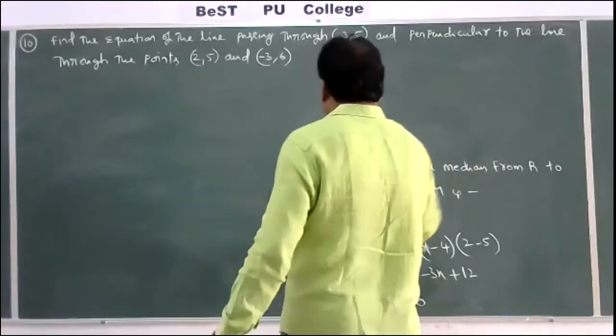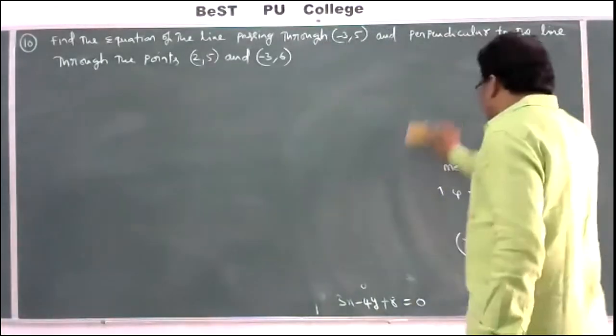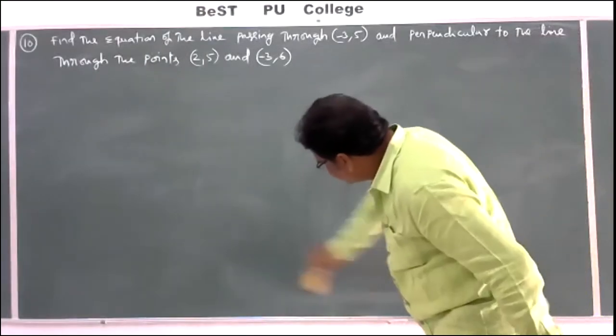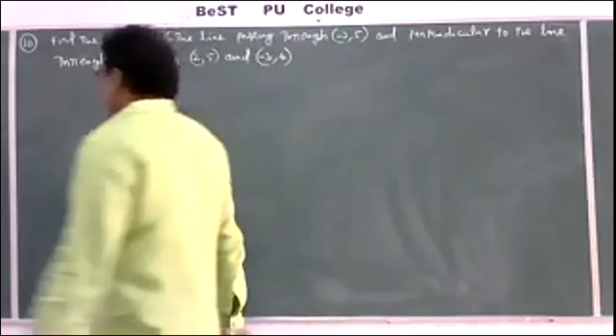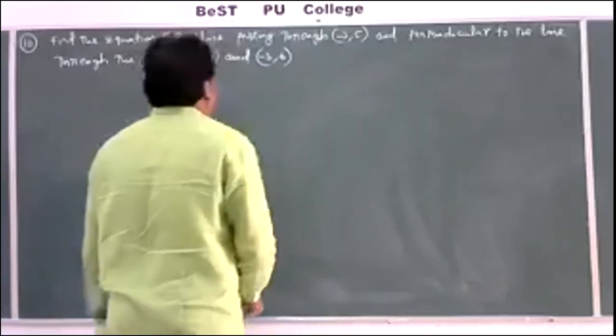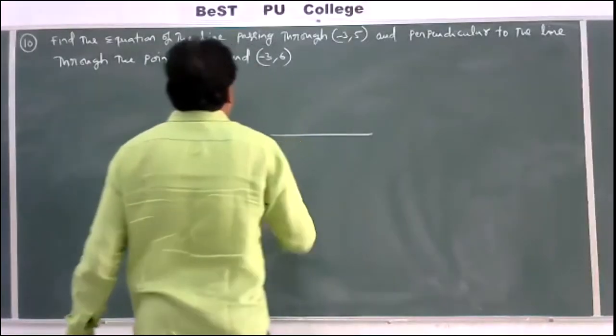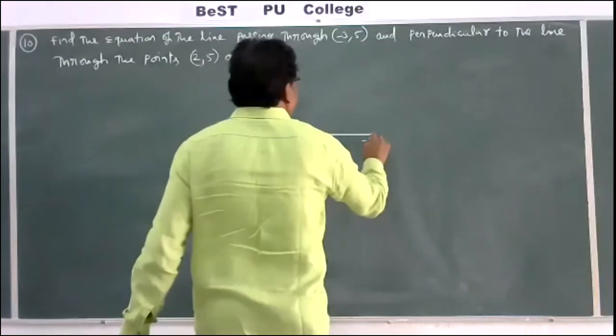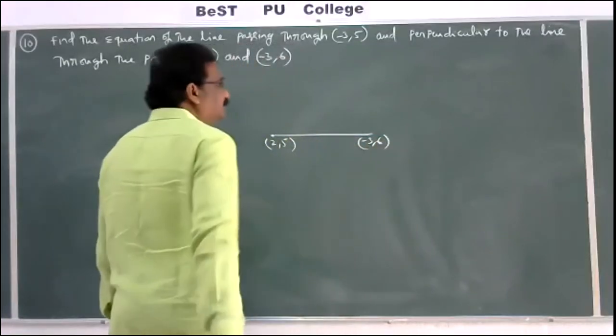First, observe the question. What is required? The required equation of the line passing through the point minus 3 comma 5. For example, a line passes through the points 2 comma 5 and minus 3 comma 6.